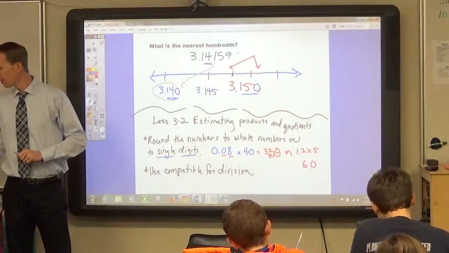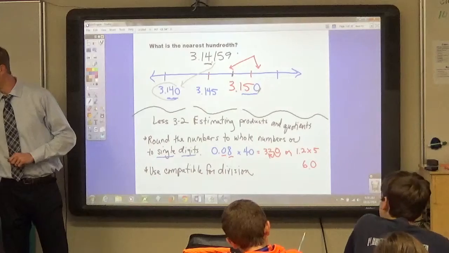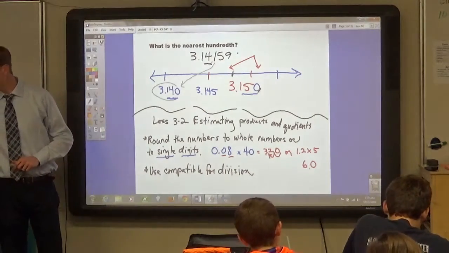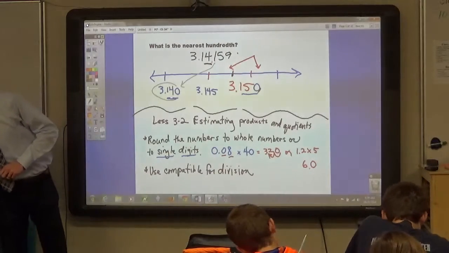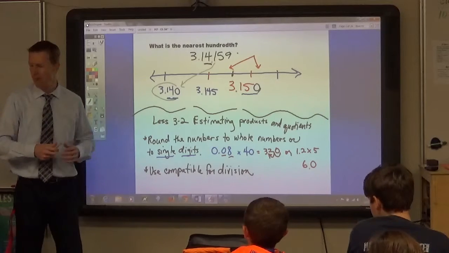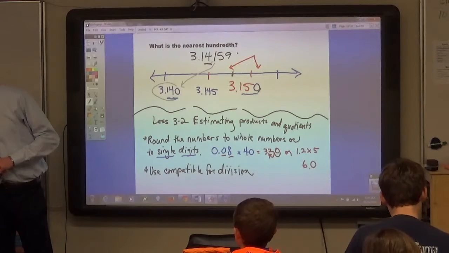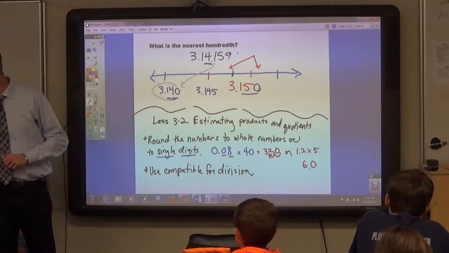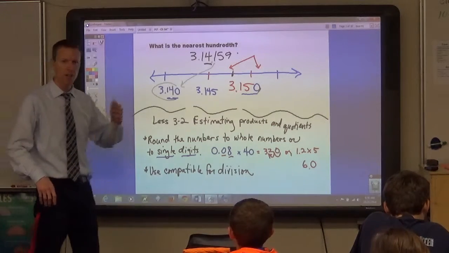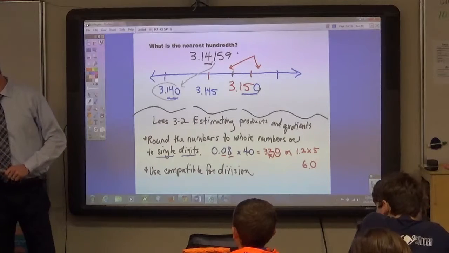Now, let's go to your book and look at some examples of what you're going to do today. First section is just identifying the underlined place, using the place value chart on that first page. Second is rounding to the underlined place, which is what we did in the first example.